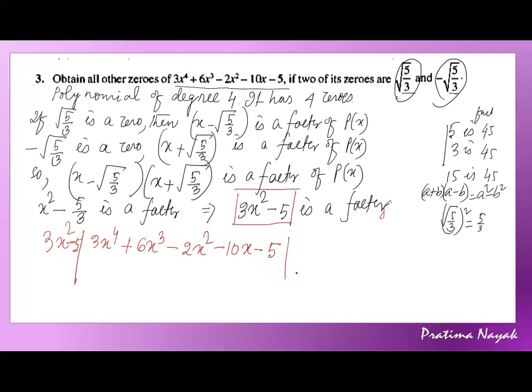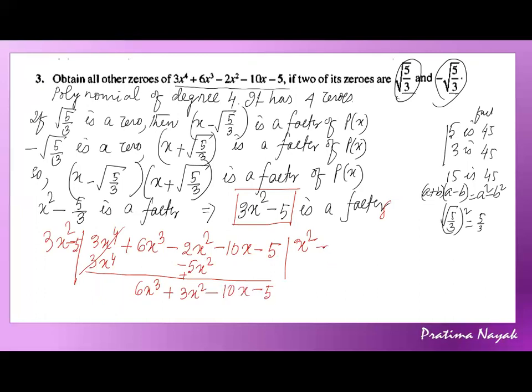So first what I'll get? I'll get only x square. So it will be 3x to the power 4 minus 5x square, no x cube term, subtraction, this will be cancelled, 6x cube, this sign will be positive, plus 3x square minus 10x minus 5.